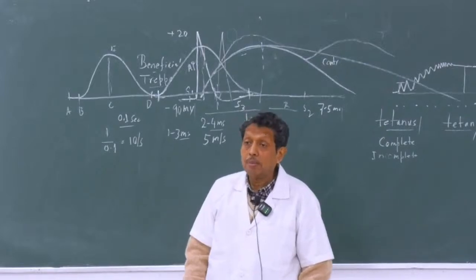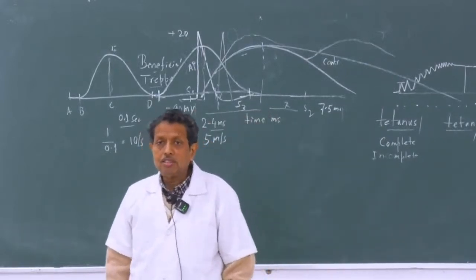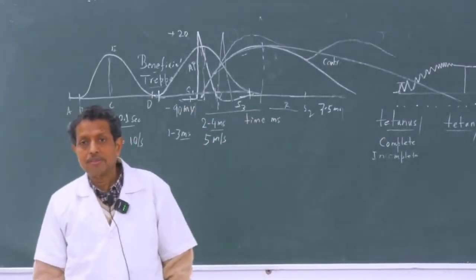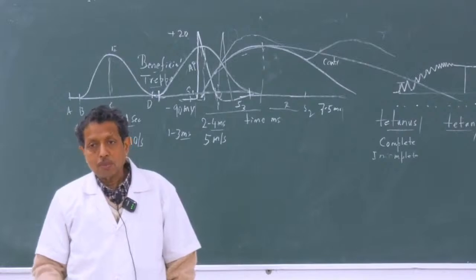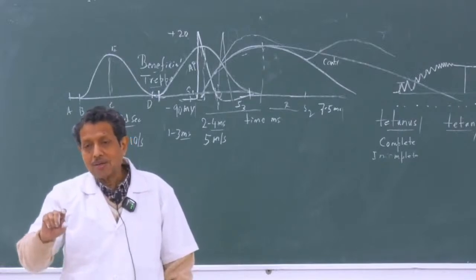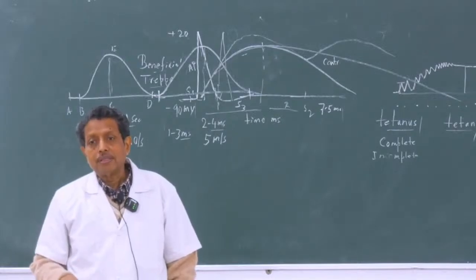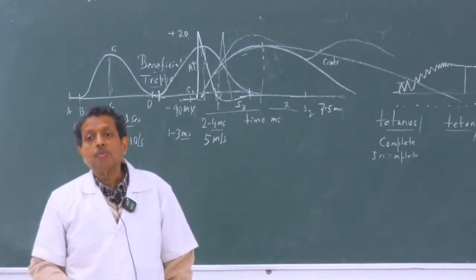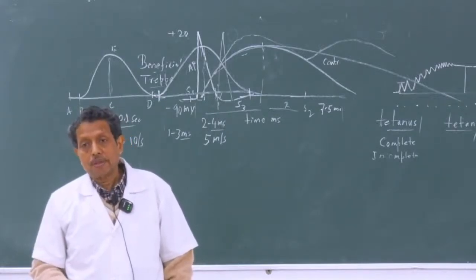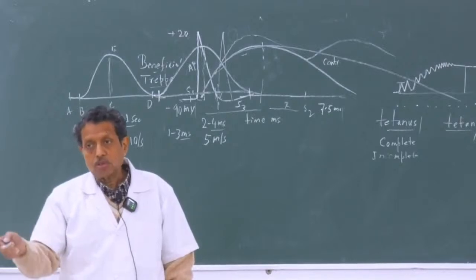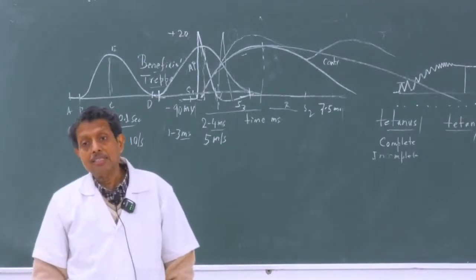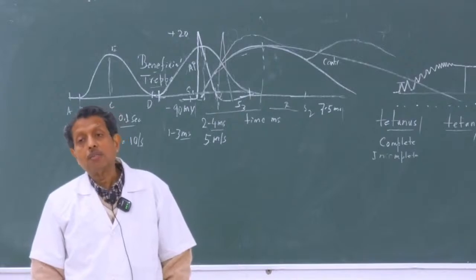It is not summation of contraction. Summation of contraction is when a second contraction falls upon, or is superimposed on, the first contraction, the third on the second, the fourth on the third, and in that case it is tetanus. It may be incomplete or complete.